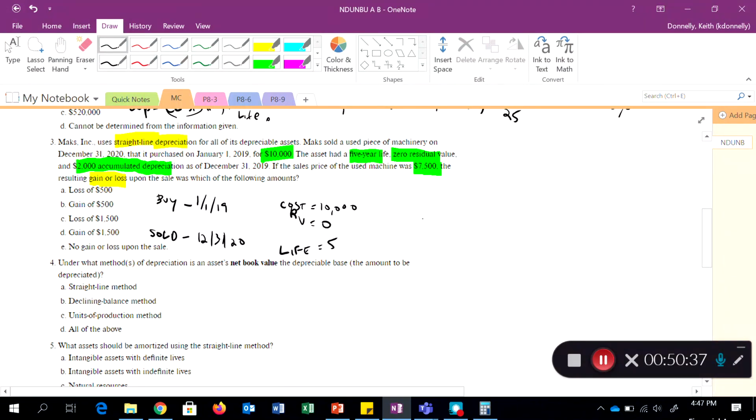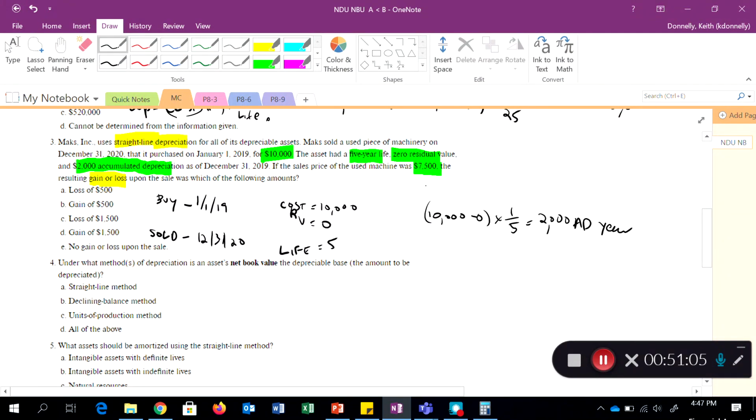So it's going to be 10,000 minus 0 times 1/5 equals $2,000 depreciation for the year. What we do is we add this to our pre-existing depreciation, $2,000.